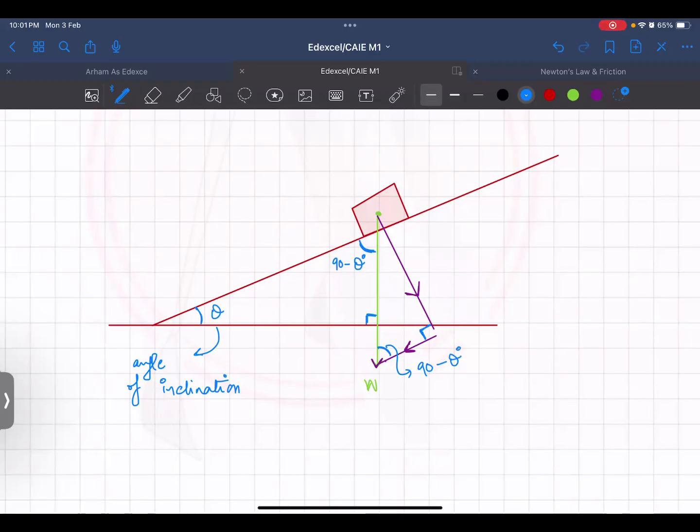And if this is 90 minus theta, then this would be how much? This would be theta. 180 minus 90 minus 90 minus theta. If you solve this, this would become 180 minus 180 plus theta. So plus theta. Isn't it?